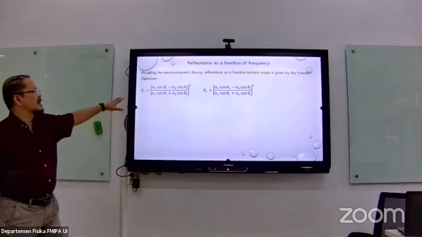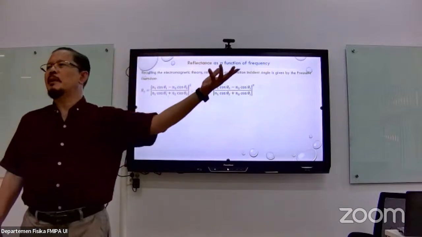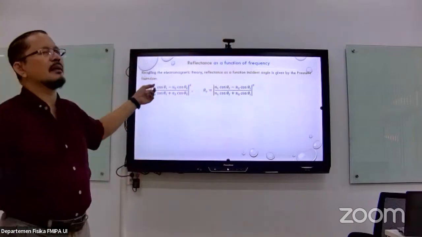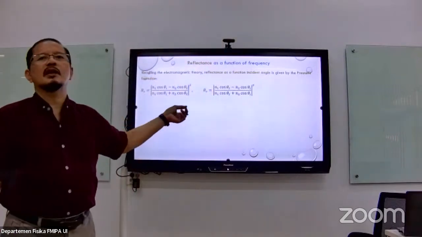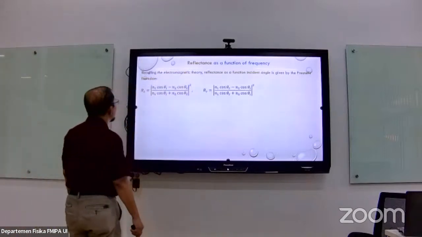They already deal with this formula and they start to go deeper. I see it when they study electromagnetic waves. So this is from Fresnel formula.